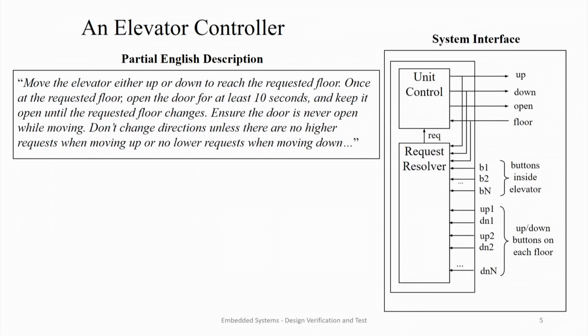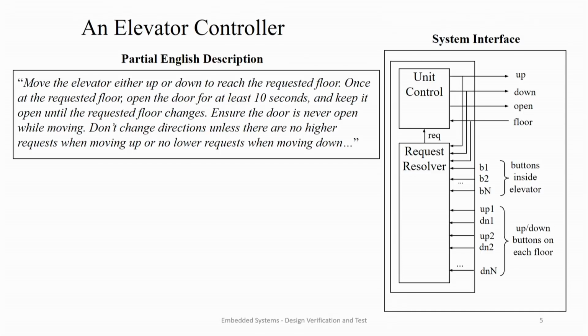In this chapter, we will be primarily focusing on the example of an elevator controller. Using this, we will understand the different concepts that we will present in modeling. Therefore, we first present the example here. The partial English description of an elevator controller will be like this.